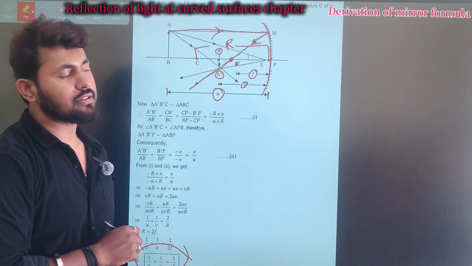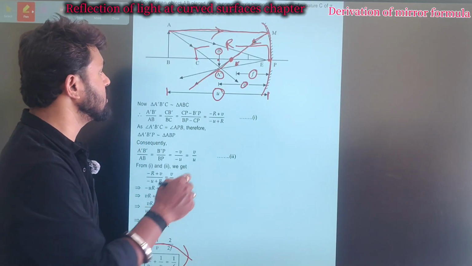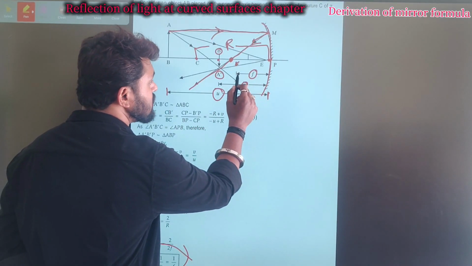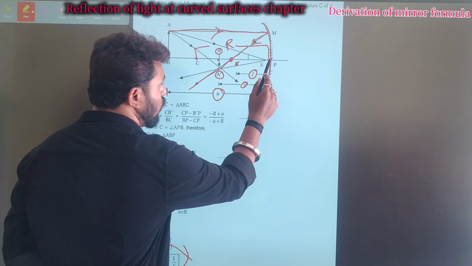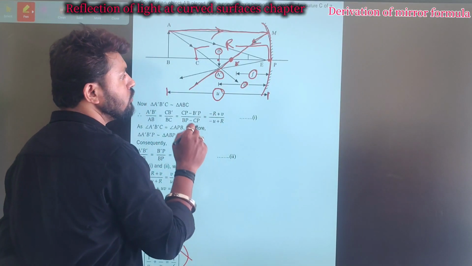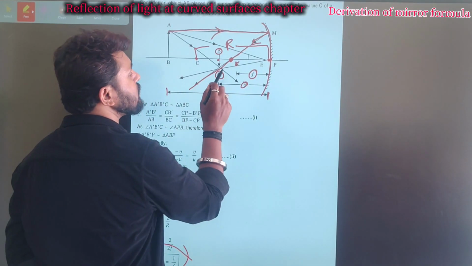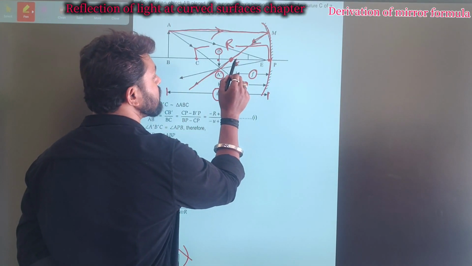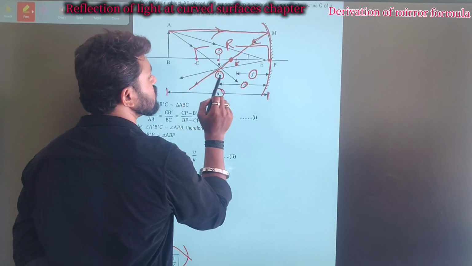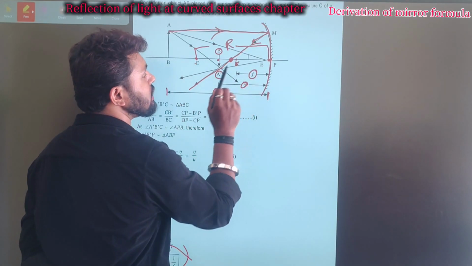Focal length is nothing but the distance from pole to focus.